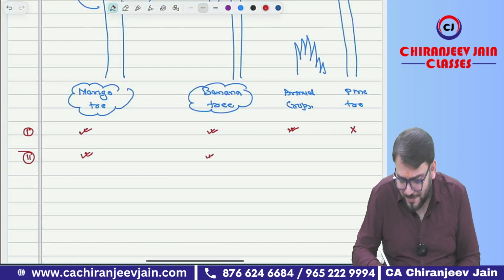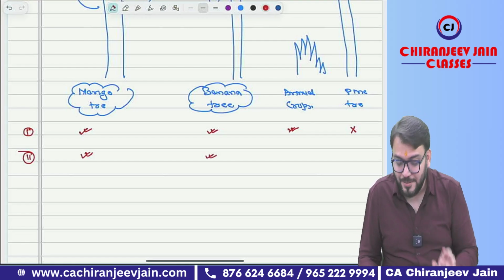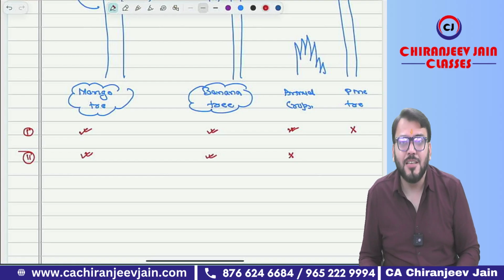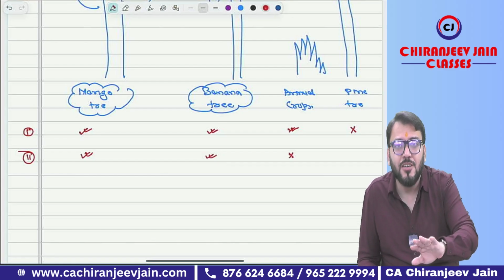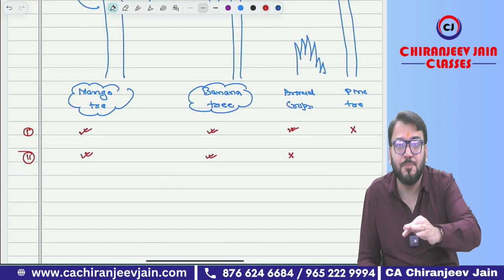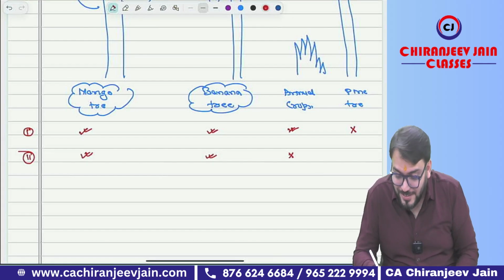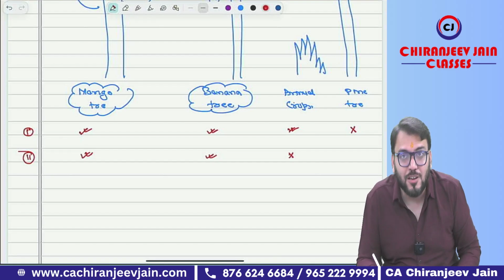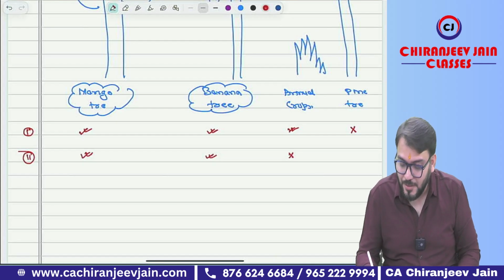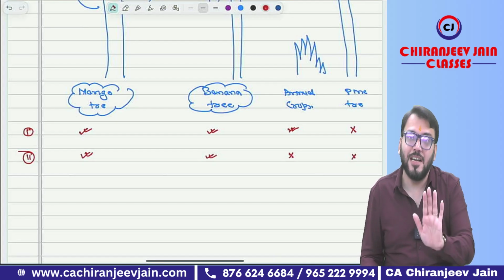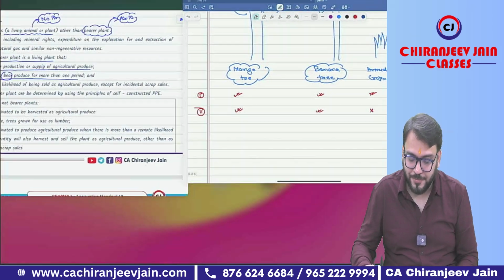Banana will also produce for more than 1 year. What about the annual crop? Annual crops will be harvested within 6 months, 7 months, 8 months as per their seasons. So the second condition is not satisfied for annual crop, and therefore even though the first condition is satisfied, it is not a bearer plant. Understood? Yes, sir.